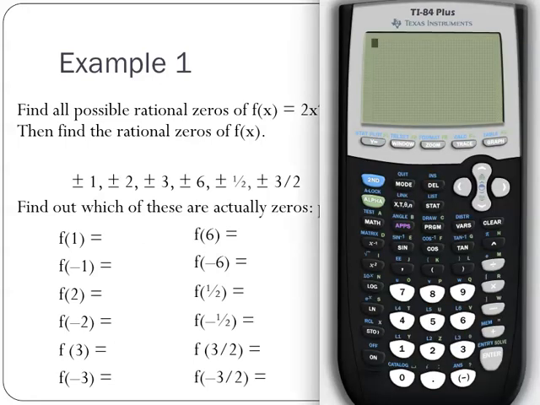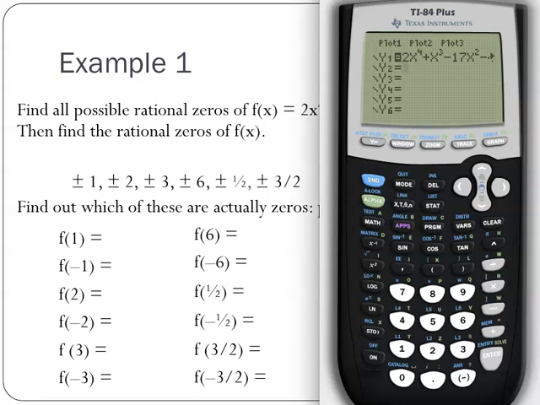Alright, so in the calculator, into the y equals, I am going to go ahead and put in my function. Now that I've entered in the function, I need to somehow find a way to be able to plug in these values of x.